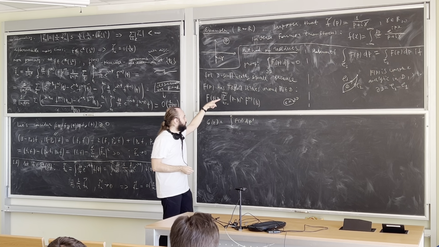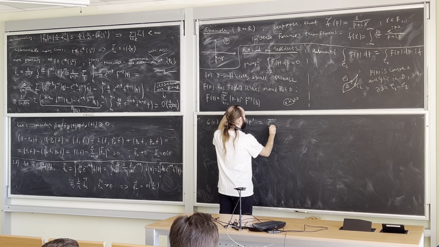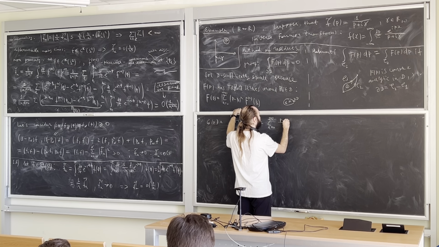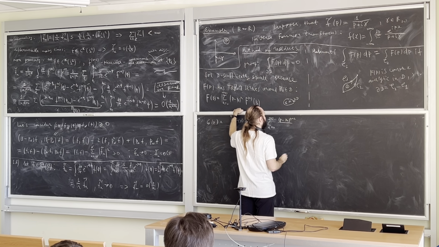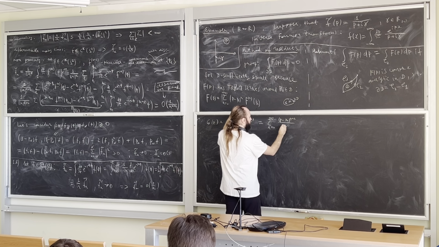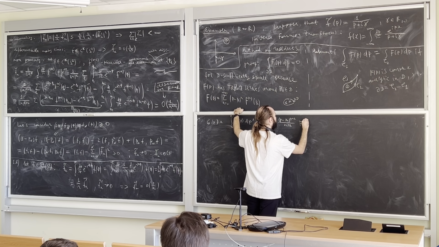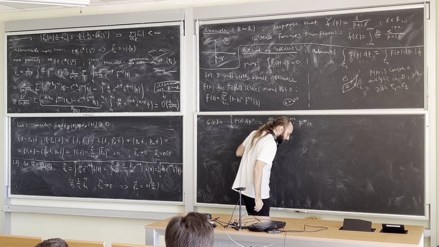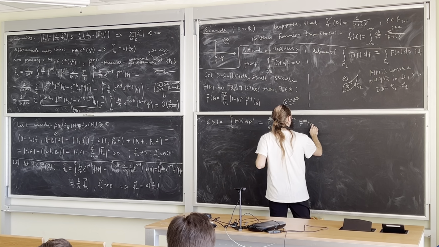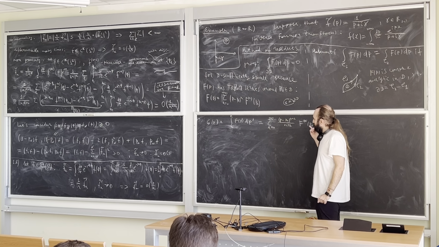If you substitute this Taylor series, then we get simply a sum from n equals 0 to infinity of (p minus p0) to the n plus 1, over n plus 1, times the n-th derivative of f at p0.